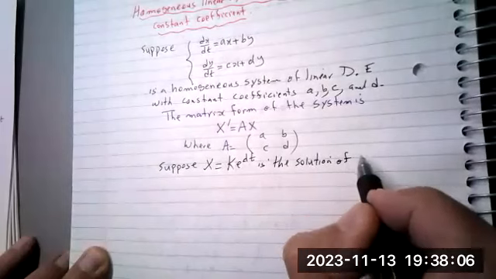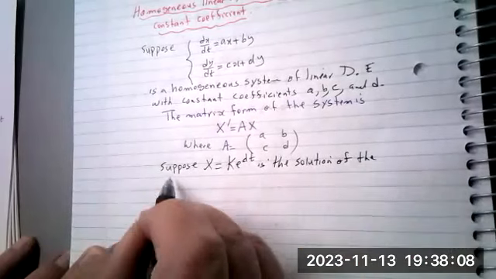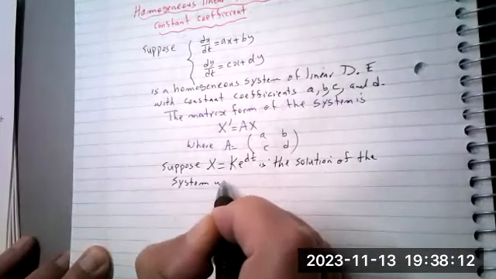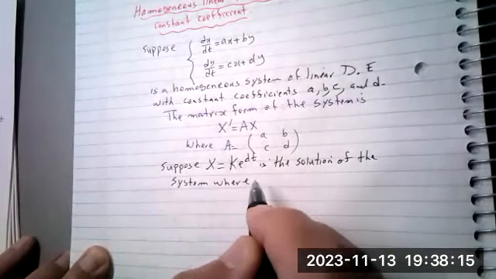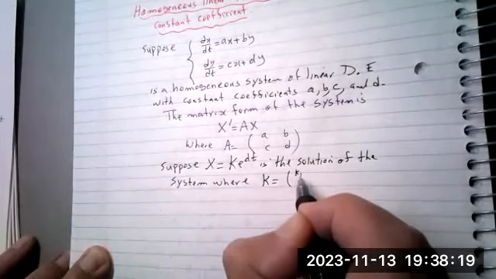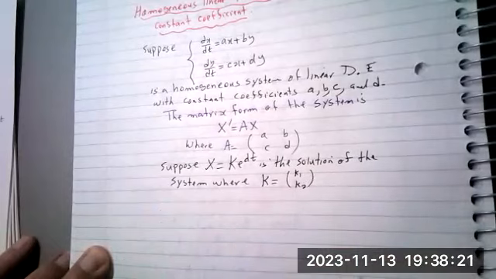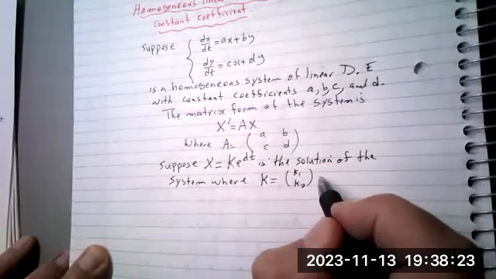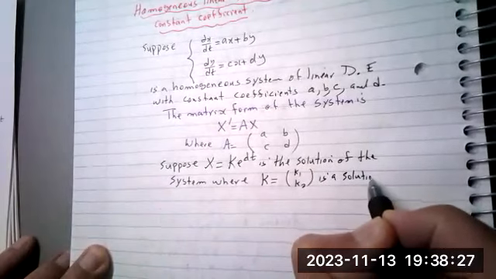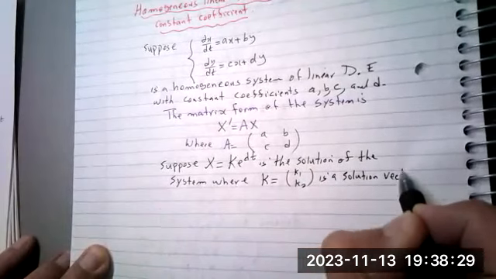K is equal to K1, K2. We call it a solution vector.